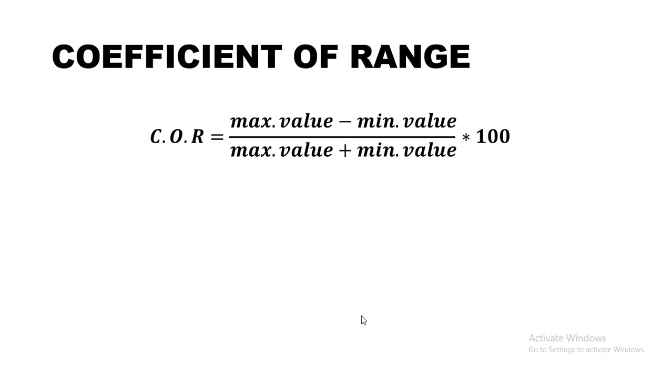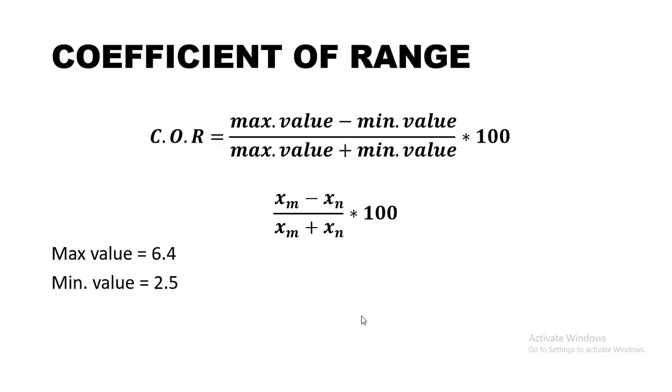The first is coefficient of range. As you know, the formula for coefficient of range is maximum value minus minimum value divided by maximum plus minimum value, multiplied by 100. We need to find the maximum value, which is 6.4. The minimum value is 2.4.